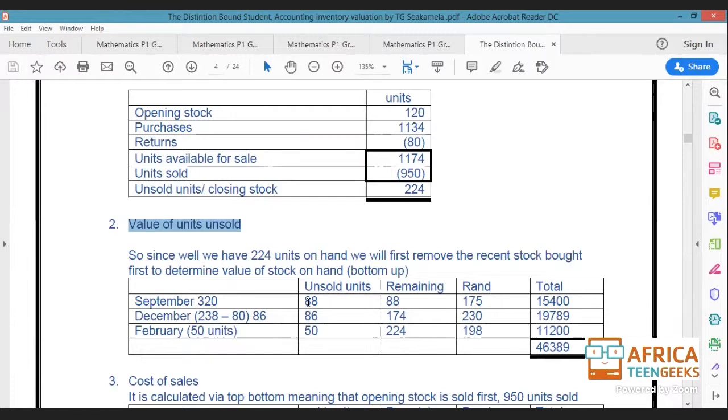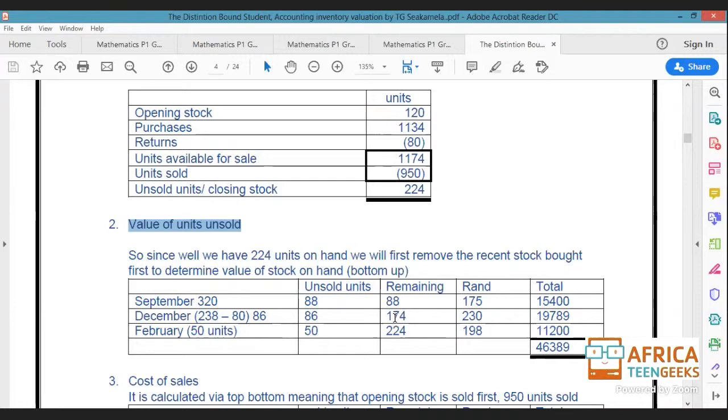Because now in September, you bought units at a different price. Same applies in December, you bought units at a different price. So in September, the units were costing you 175 rands. In December, units were costing you 230 rands. In February, they were costing you 198 rands. Therefore, you say 88 multiplied by 175, you'll get 15,400.